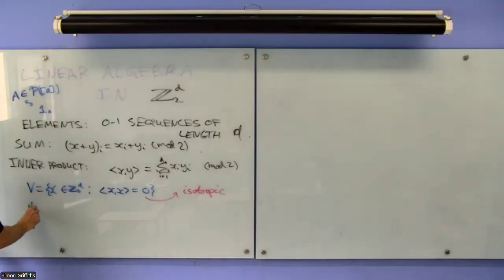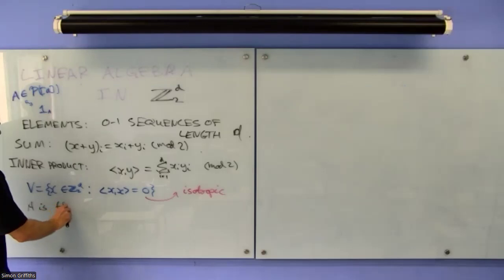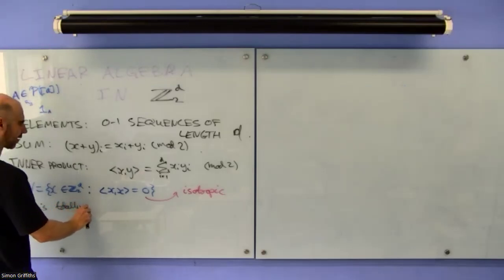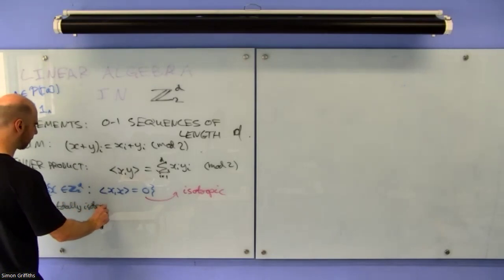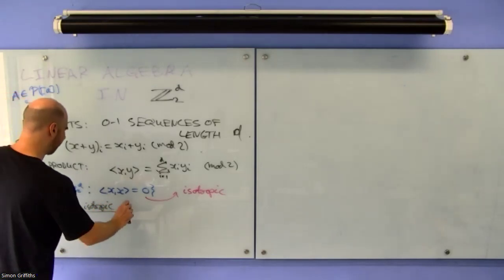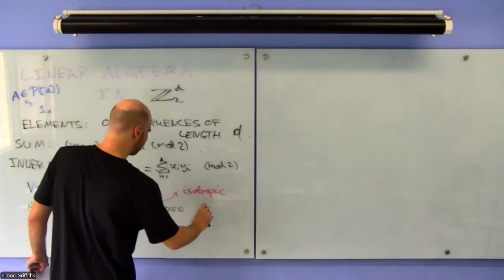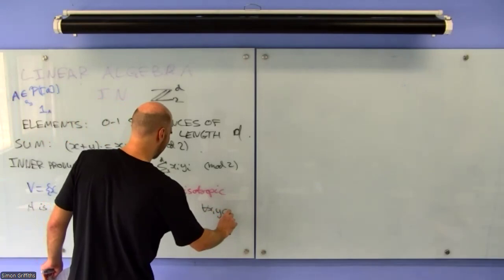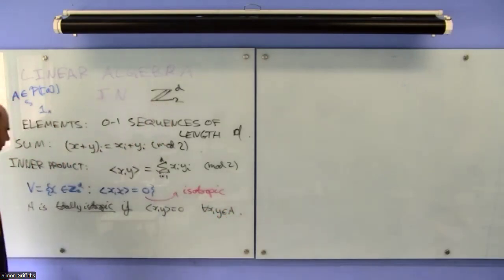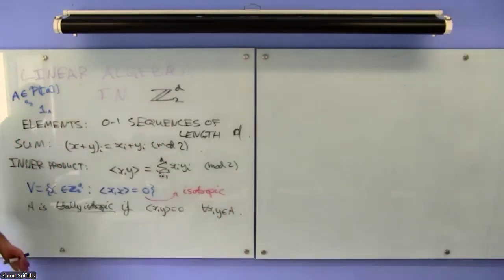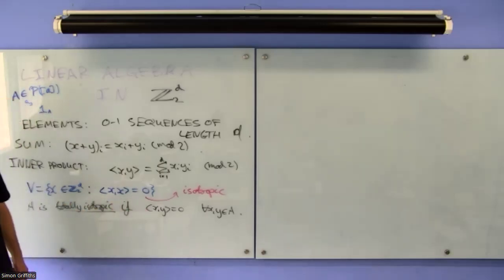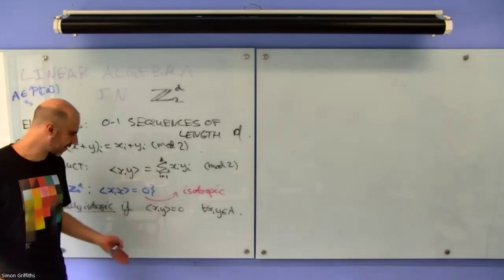You can say A is totally isotropic if the inner product of x and y is 0 for every pair x and y in A. I kind of think you could just call this the even property, because we know that 0 corresponds to evenness, for example an even number of elements, or the set of ones being an even intersection.